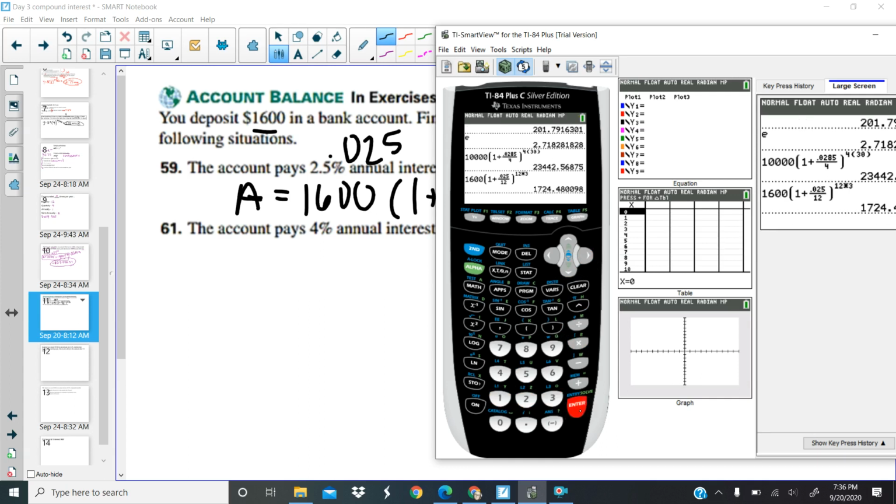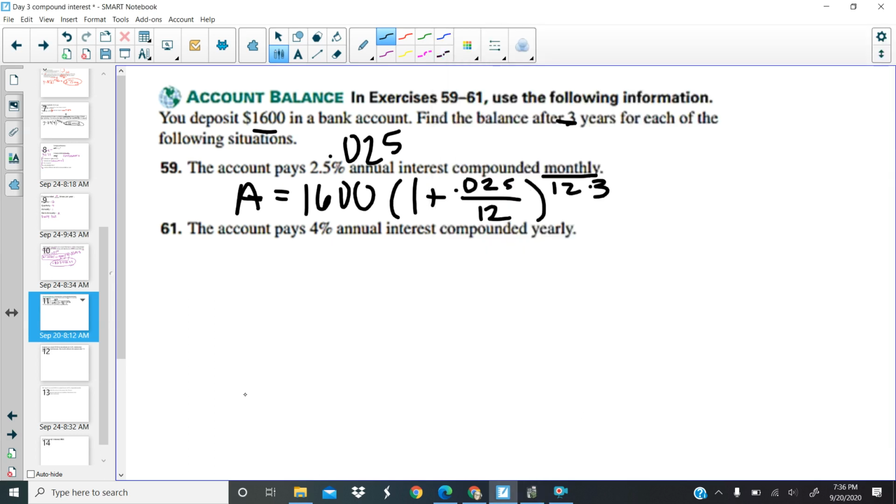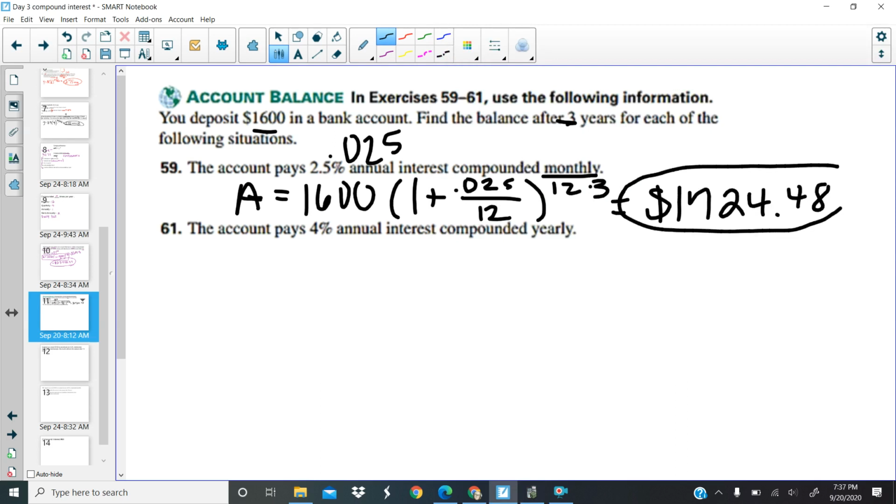And you would get $1,724.48. So that would be if it was compounded monthly.